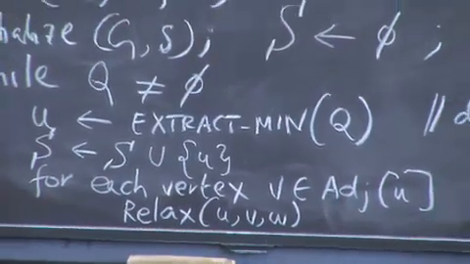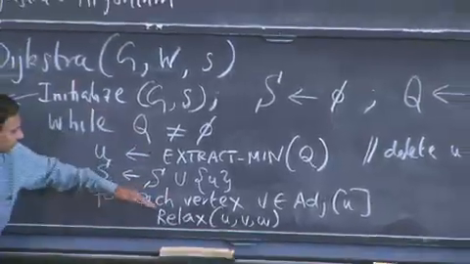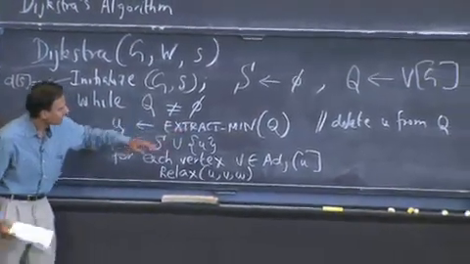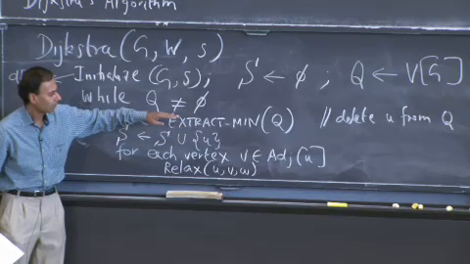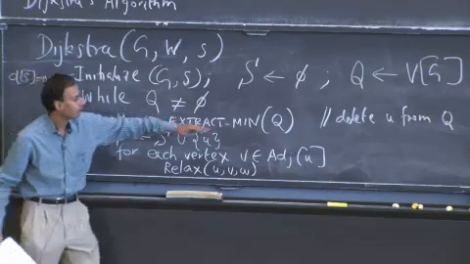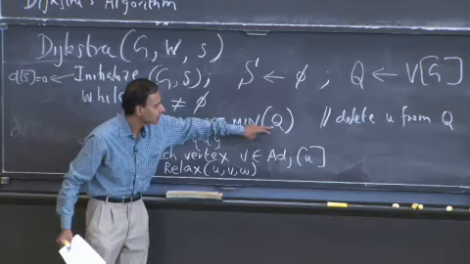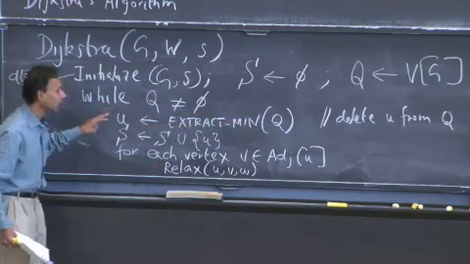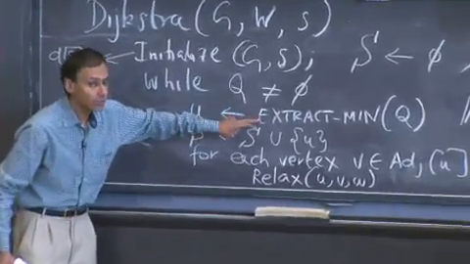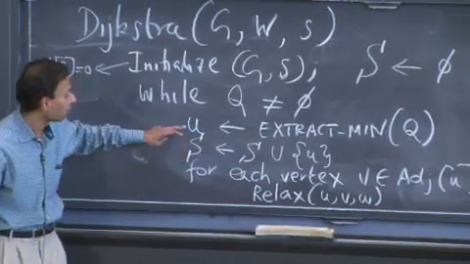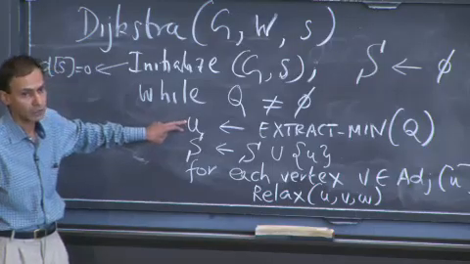It's a greedy algorithm. It's iterative. And the reason it's greedy is because of this step here. It's just picking the min priority from the unprocessed vertices Q and essentially claiming that this min value is something that you've already computed the shortest paths for.